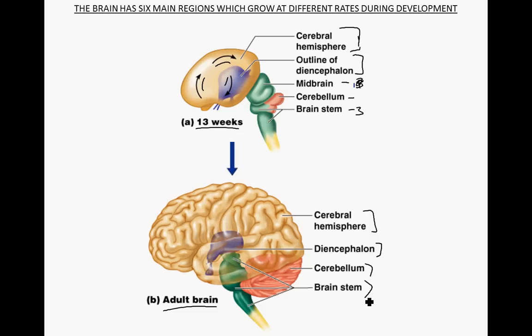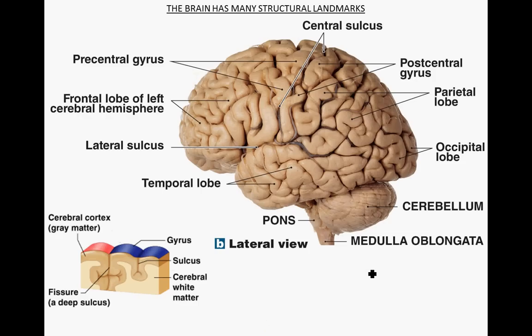Okay, so if we look here at a lateral view of a completely whole human brain, we're able to identify some major structural landmarks. First, I want to point out the folds and the valleys, the mountains and the valleys, if you will. If we look at the cartoon down here, a gyrus, and the plural of gyrus is gyri, refers to the mountain part, or the enlarged, raised part of the brain tissue.